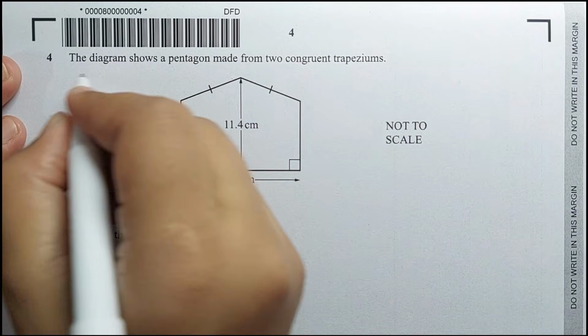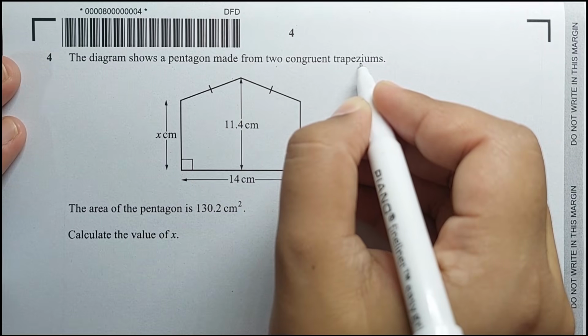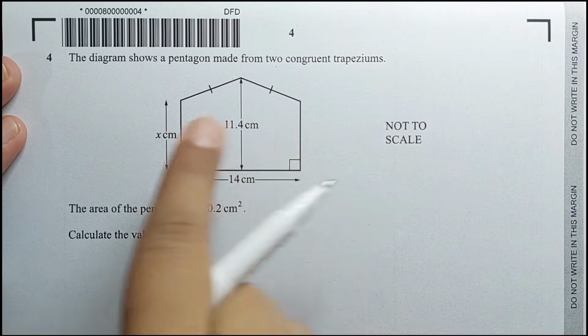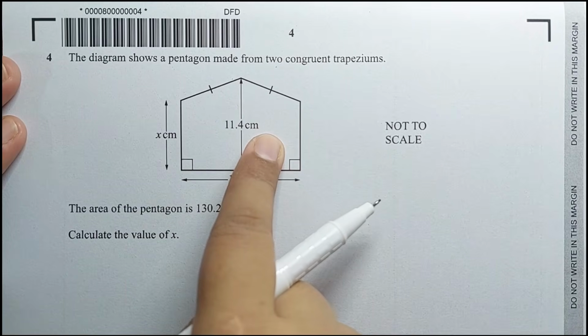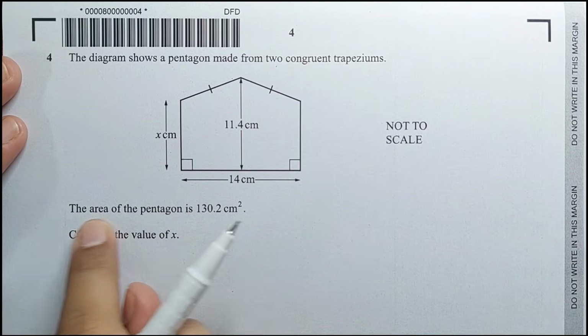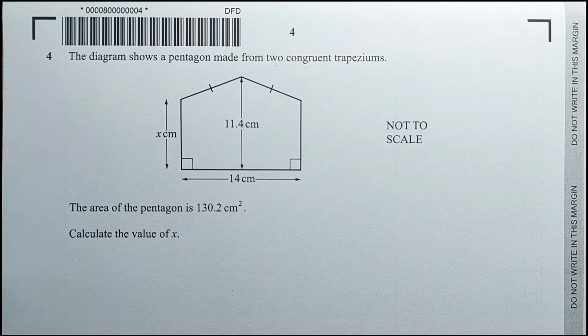Question number 4, the diagram shows a pentagon made from two congruent trapeziums. Okay, it is a pentagon which is made from two congruent trapeziums. The area of the pentagon is given. Calculate the value of x.